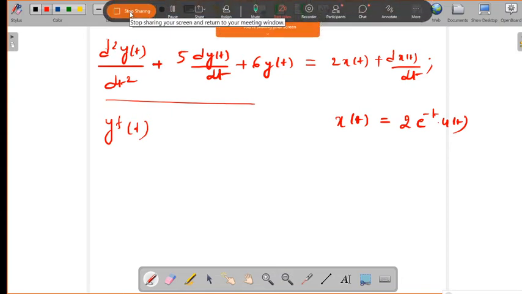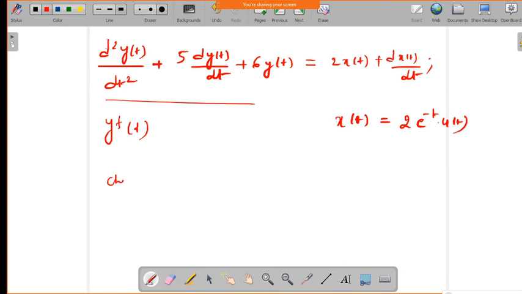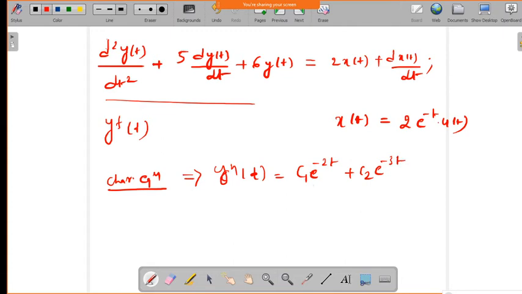So, try to find out what is the natural response which you are getting. Tell me the characteristic equation you are getting, putting the value of d power k of y of t by dt power k equal to r power k. The natural response is given by C1 into e power minus 2t plus C2 into e power minus 3t, is it not?